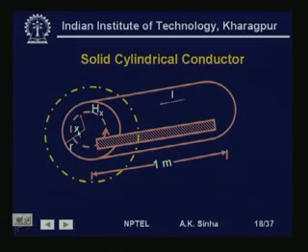Now, here what we have done is we have taken a circular contour at a distance x from the center, and let Hx be the intensity of the magnetic field at any point on this contour. Since this contour is concentric, it is uniform with respect to this conductor, this Hx will also be the same everywhere on this contour and its direction will be tangential to this contour.